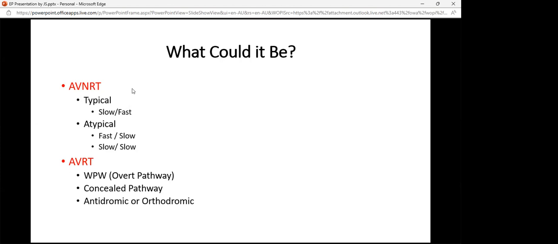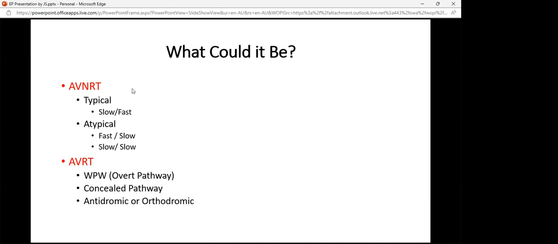Is it going down a slow pathway and going back up a fast pathway? Or perhaps it's atypical in that it's going down a fast pathway and back up a slow pathway, or in another atypical format, perhaps a slow-slow, where patients may have two slow conducting pathways.